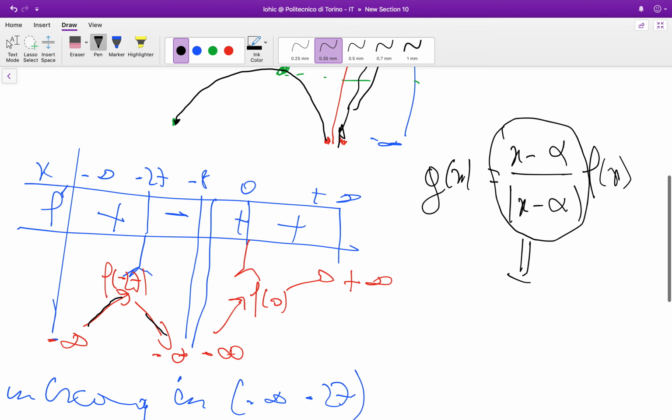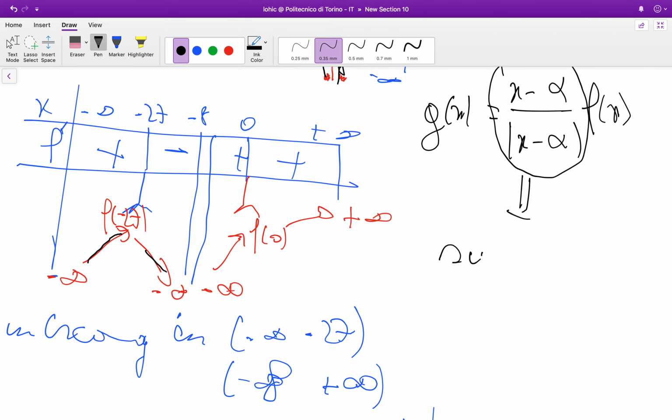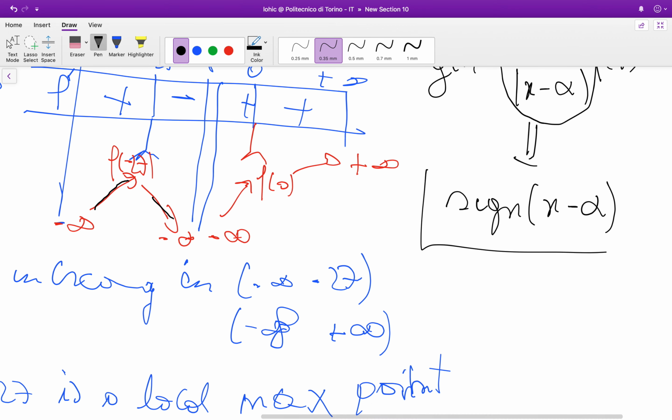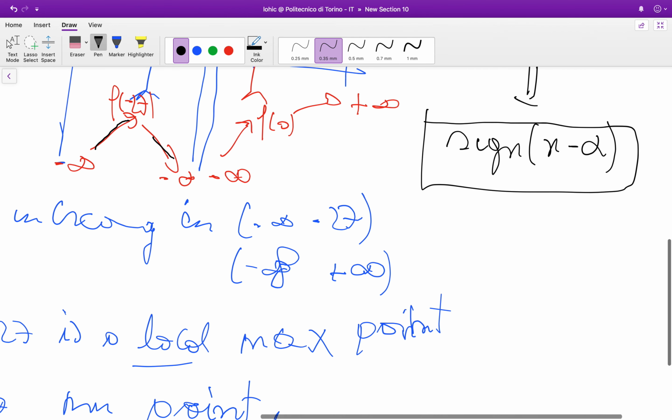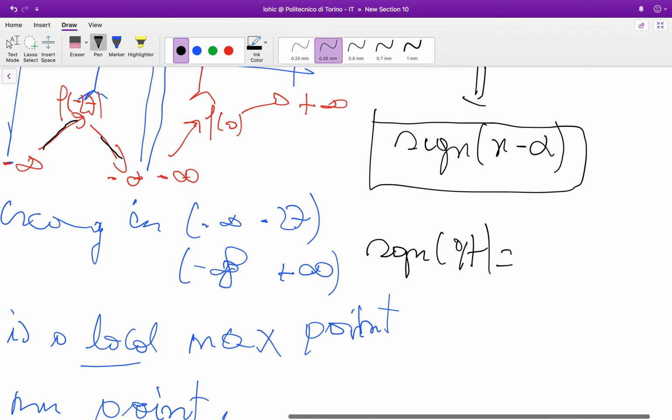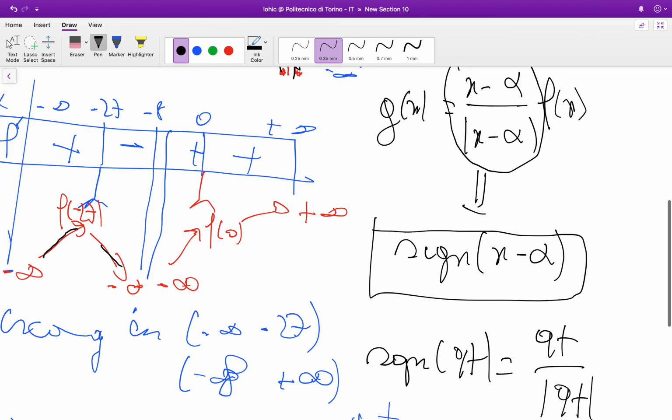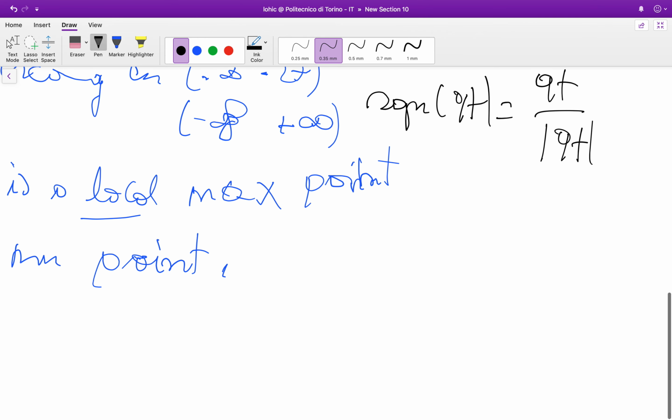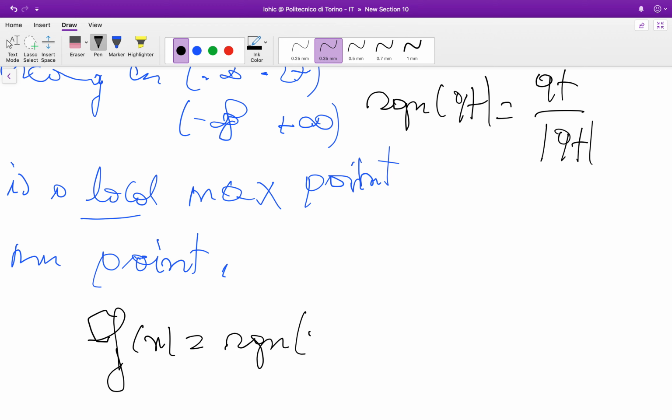If x minus alpha is negative, it will give minus 1. So this is nothing else than the sign function of x minus alpha. The sign of any quantity is equal to the quantity divided by its absolute value. So the function g of x is actually the sign of x minus alpha multiplied by f of x.